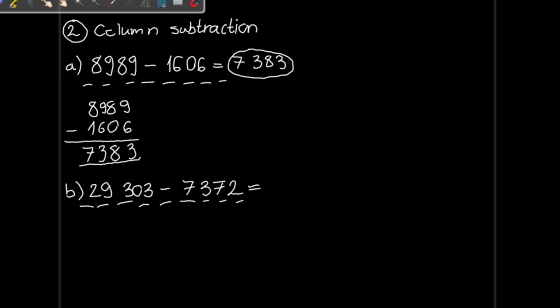So let's solve this one. Alright, once again we see this first number has a different number of digits than the second one. It has one more digit, right? So once again, just like in the column addition, we need to be careful about that. We have to write the left number first.